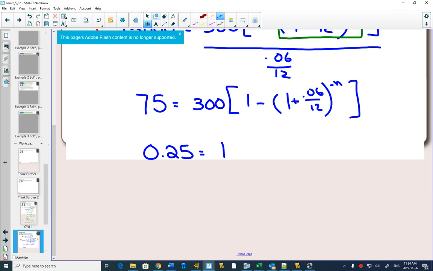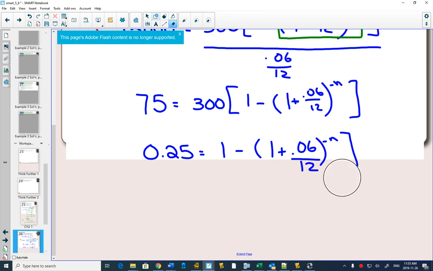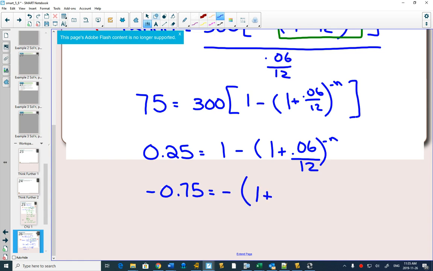And now we wouldn't need the square brackets. Oops. If I subtract 1 on both sides, this negative would still be there.